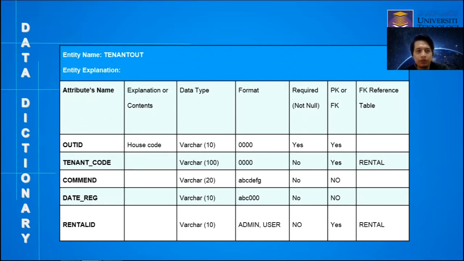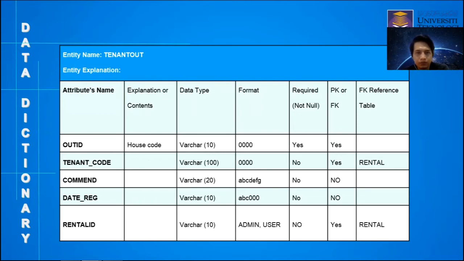So next we have the tenant out table. The tenant out table is quite similar to the tenant in. The only difference is the out ID, where the last slide we had the in ID. For this table we have the out ID, and then tenant code, comment, date register, and the rental ID.